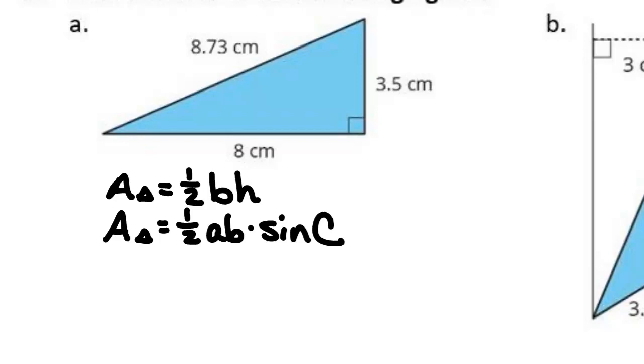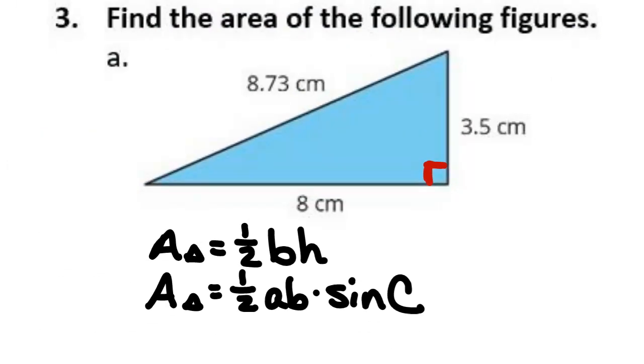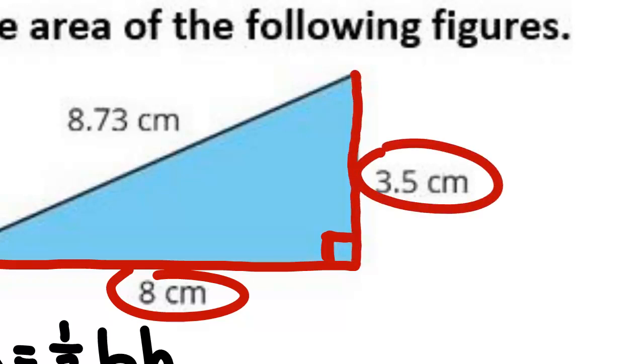Do we have a base and a height that go together? Do we have a side that is perpendicular to another measurement that we have here? Yes, because this is what kind of triangle? It's a right triangle. So these two sides here, this 8 centimeter side, and the side that is perpendicular to it, this 3.5 centimeter side.